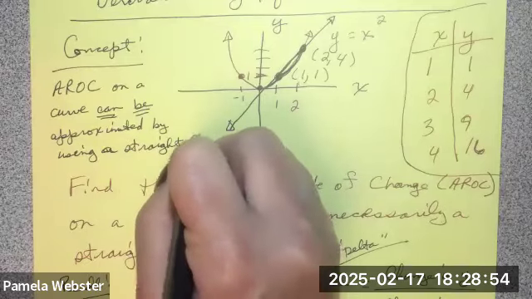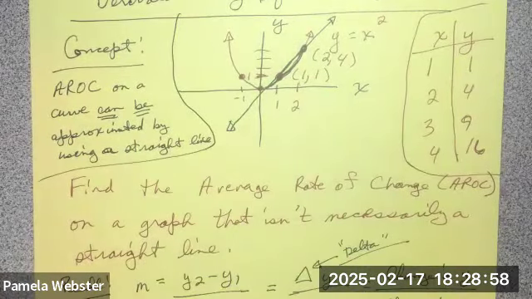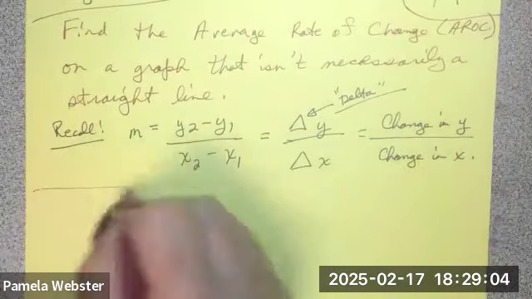Okay. So when we're talking about average rate of change, there's actually this thing, it's called a secant line. So let me scoot on up.